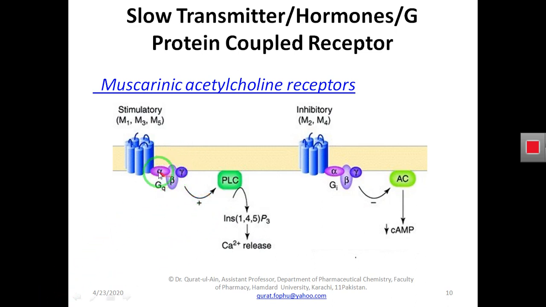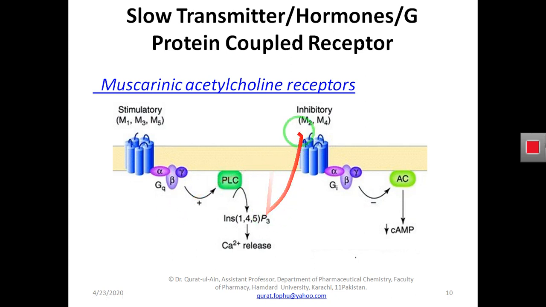Due to the conformational change, the receptor attracts the alpha subunit of the G protein, and due to the binding of GTP with this active form, the alpha GTP subunit detaches from the beta and gamma subunits of the G protein, and goes to activate two enzymes.